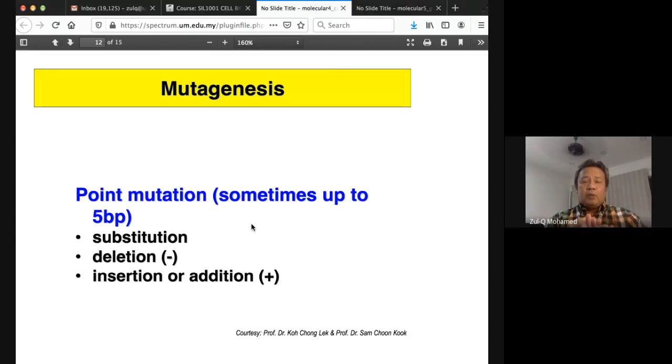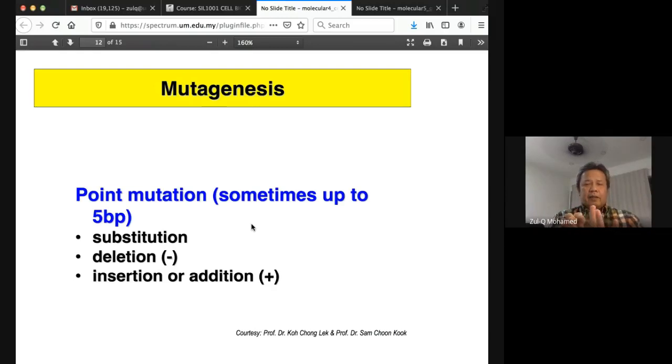Why? Because if you imagine these are 4 different bases, and the polymerase is trying to make new DNA in the process of replication, it will look at the first base and then add the complementary base and so on. But if these are attached together, there's a chance that when the polymerase reads it, it doesn't know whether there are 3 bases or 4 bases here, because now the shape is distorted.